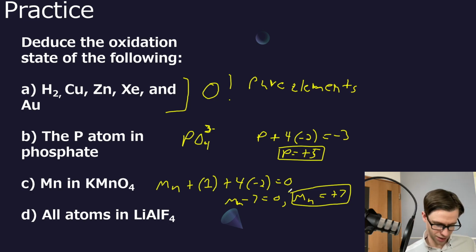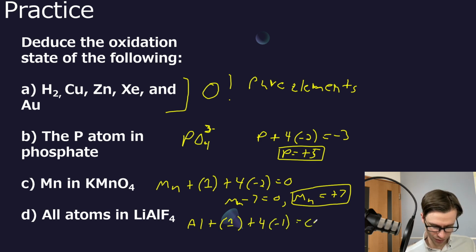D then, all atoms in LiAlF4. So Li, another alkali metal, we can assume it's +1. F we know is -1, so it's really Al that we want to solve for. Al plus 1 for lithium, plus 4 times -1 for fluorine, equals 0.